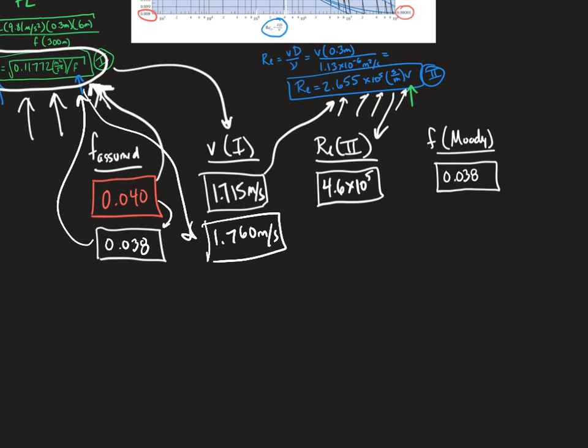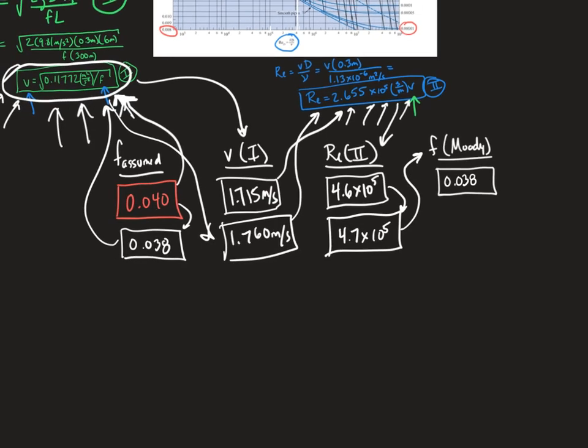Okay, so I plug that in and then it comes back out. I'm going to plug this one into equation 2, and we're going to get 4.7 times 10 to the 5th. And right here, you can already see the Reynolds numbers are very close to each other. But what I'm going to do is plug this Reynolds number into Moody. And what you're going to see is that if we go up to Moody, they're so close together that we can't tell the difference.